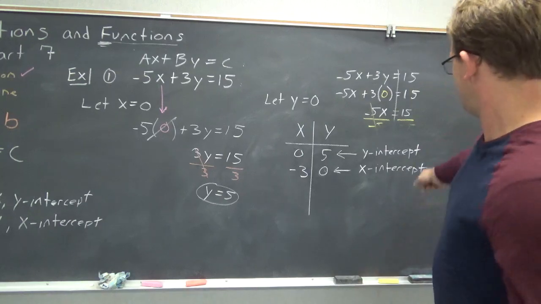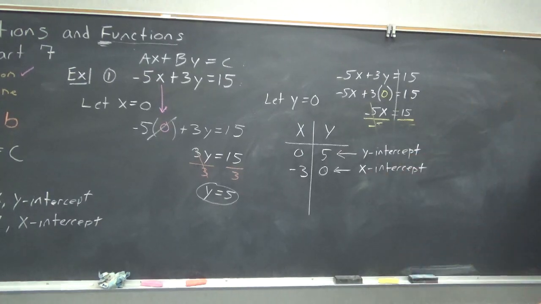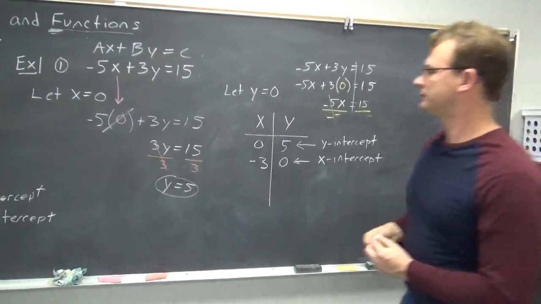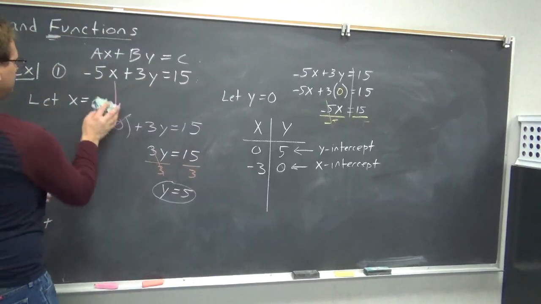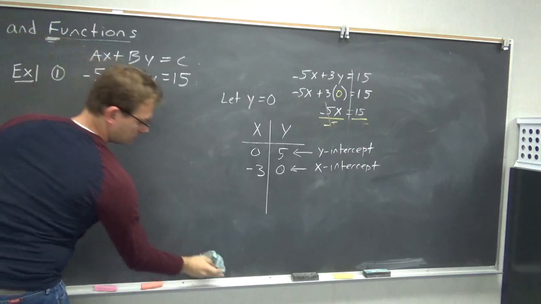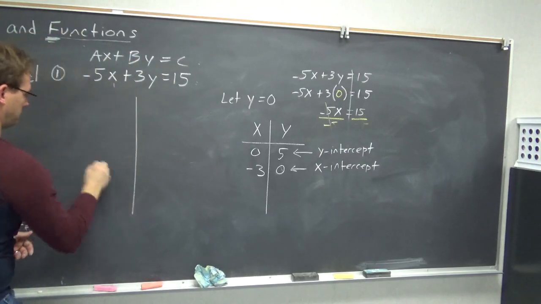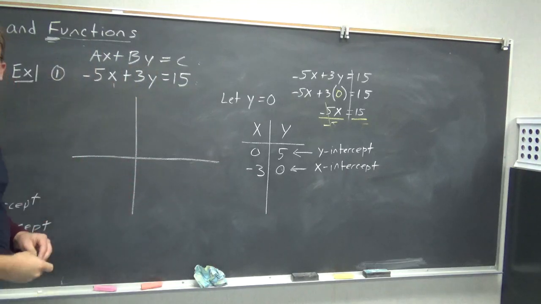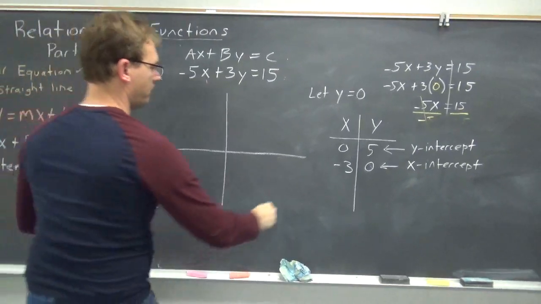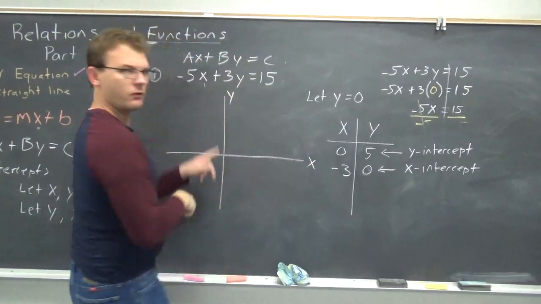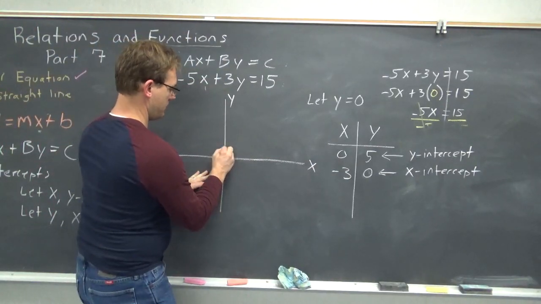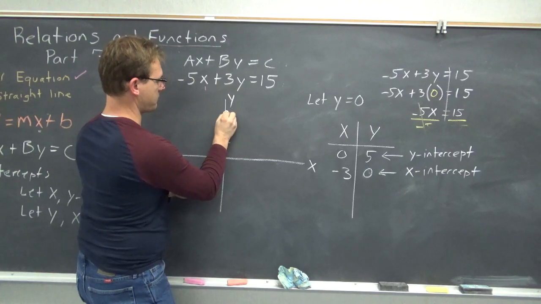Okay? So if we were to graph this, x and y. 0, 5. So we have 1, 2, 3, 4, 5.